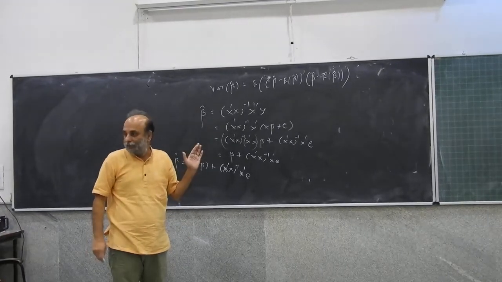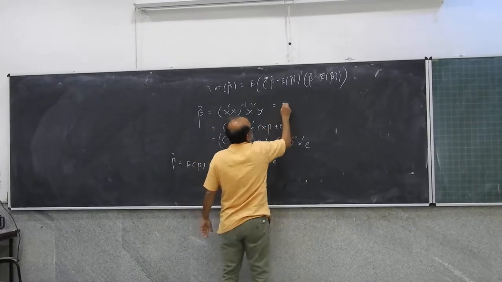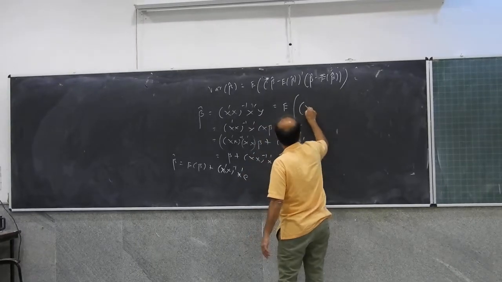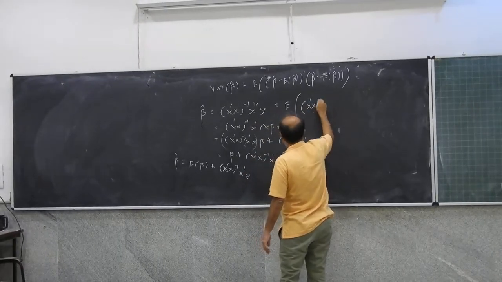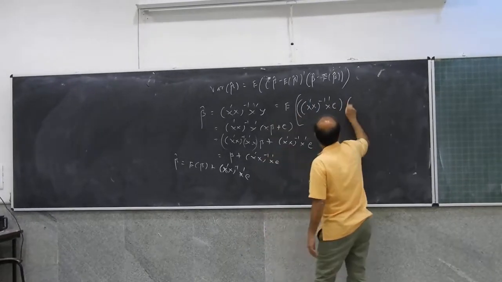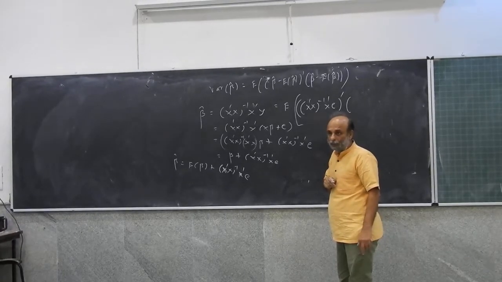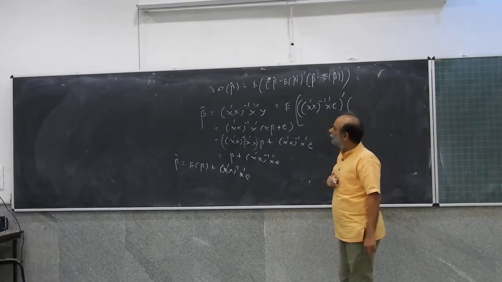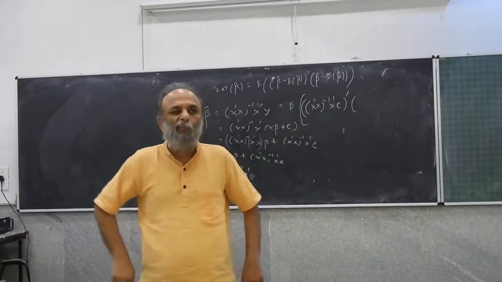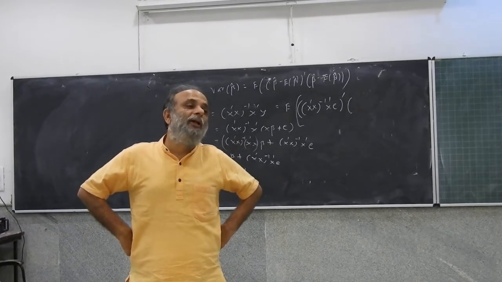X dash x, right? From this I have the expectation of x dash x inverse, transpose. Is it x dash x or x dash? How do I transpose x?